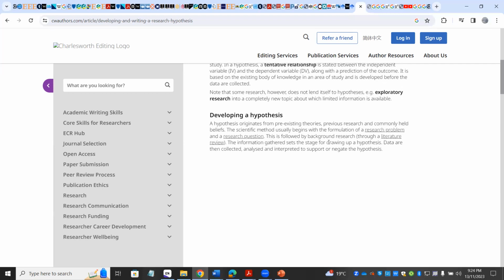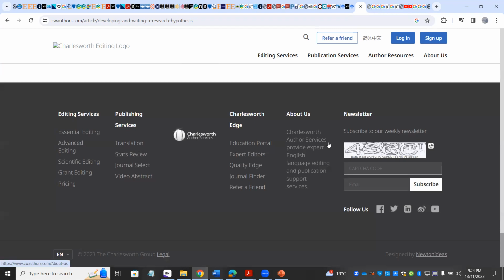Okay, so how do you develop a hypothesis? A hypothesis originates from existing theories. So that's one. I mentioned existing, well-known theories, like Big Bang theory, like transaction cost theory, like the theory of planned behavior.